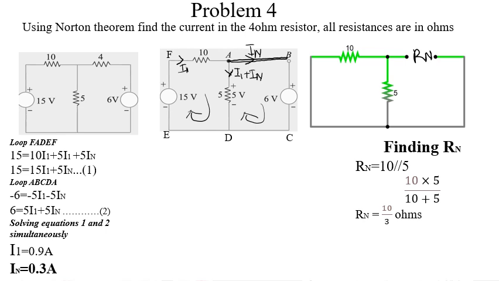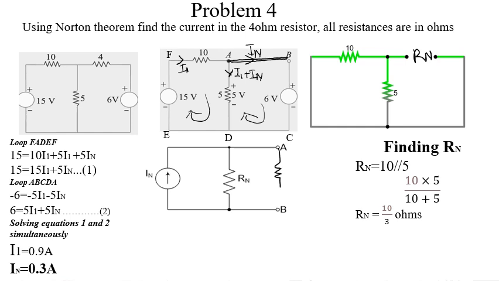After getting our answer as 10 over 3 ohms, we draw our Thevenin's equivalent circuit. We will write our 4 ohm here. Here we had 10 over 3, and here was 0.3.